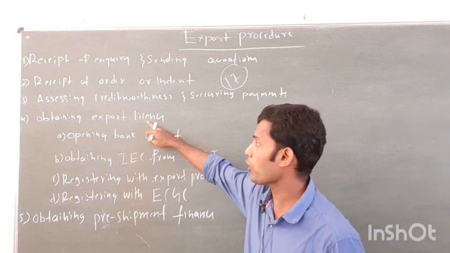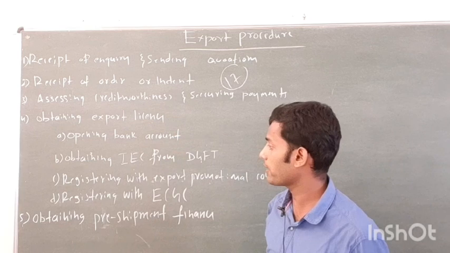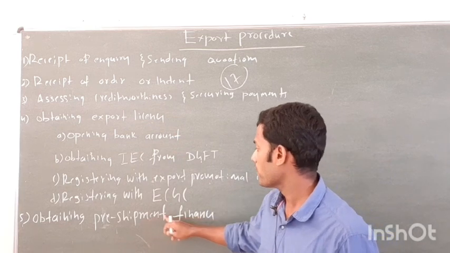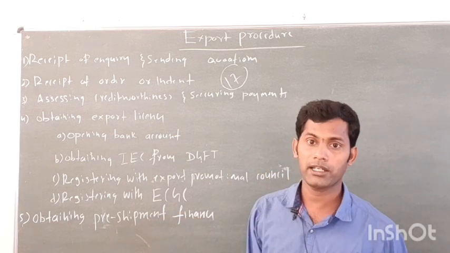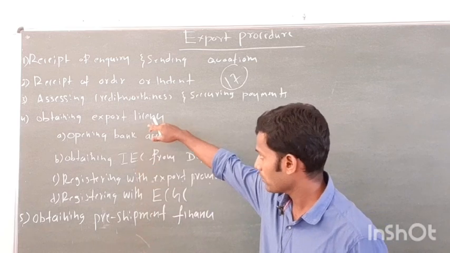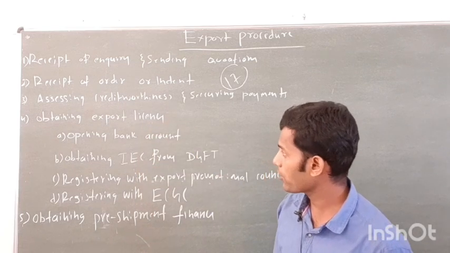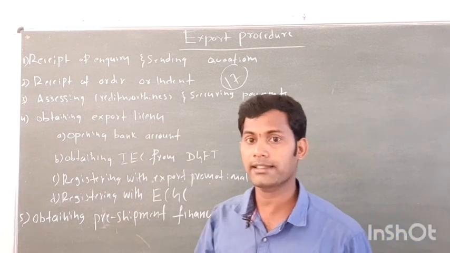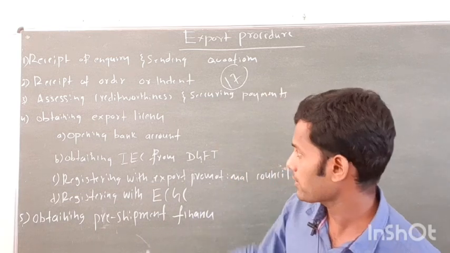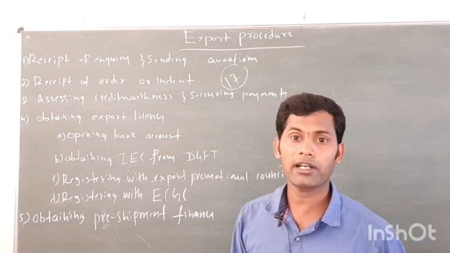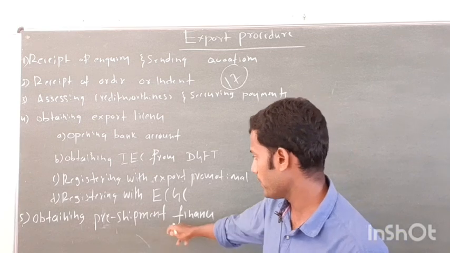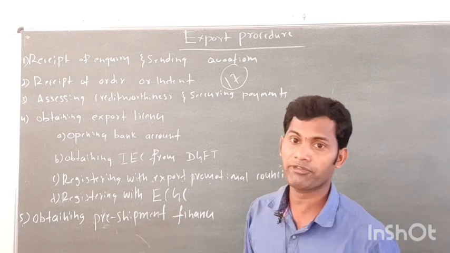So, it's the fourth one, obtaining export license. Then fifth one, obtaining pre-shipment finance. Now, the exporter, he received or he got export license, then assessed the creditworthiness of importer, then he asked for pre-shipment finance.